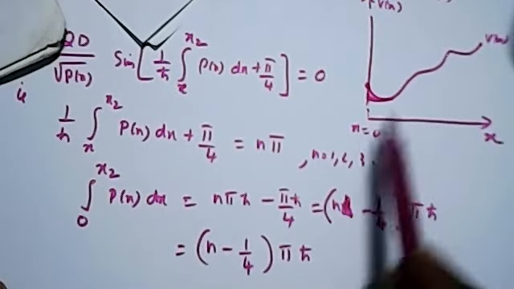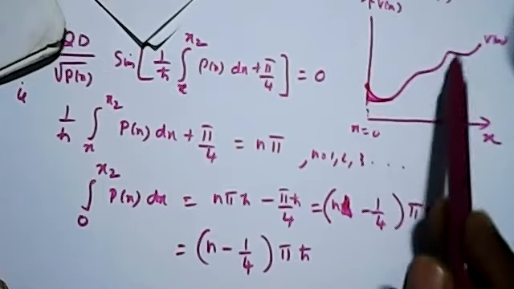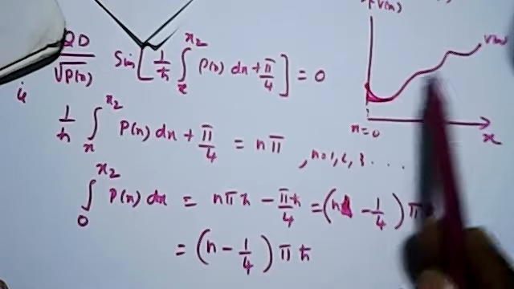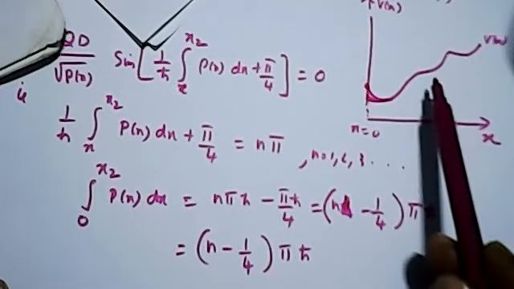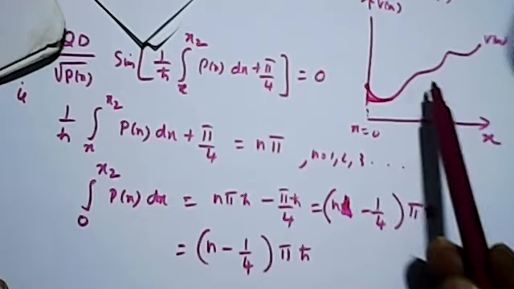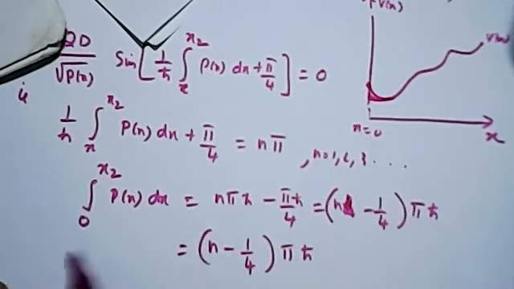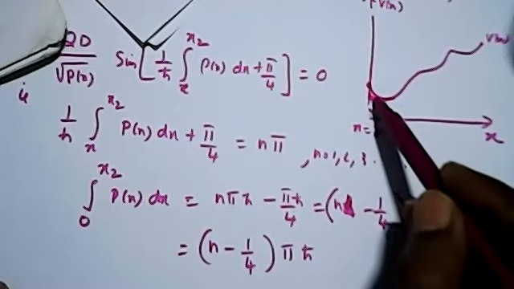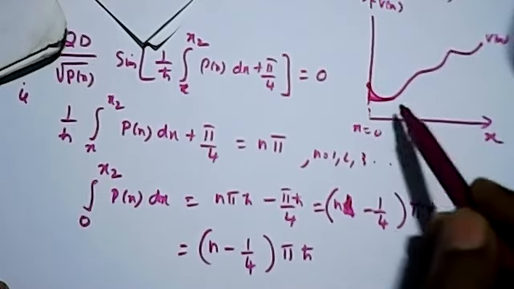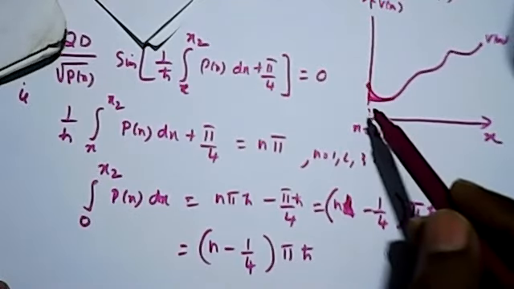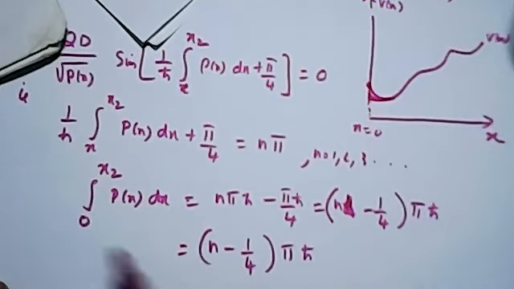Here the potential is not well defined. It is only some function we don't know. So we are taking an example: consider a pure harmonic oscillator and just the half of the harmonic oscillator.